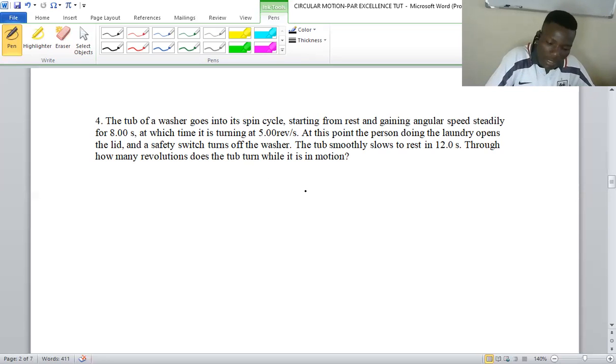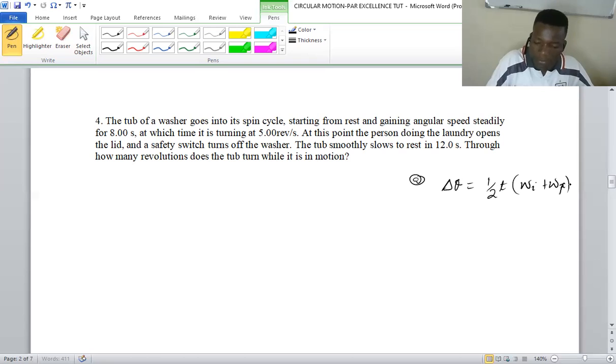So let me say we have angular displacement, that is half of initial plus final angular speed, times t. Okay, so that is the average. You add and you divide by 2. So when we find the average of the angular speed and we multiply by time, we are able to get the angular displacement, or the revolutions.